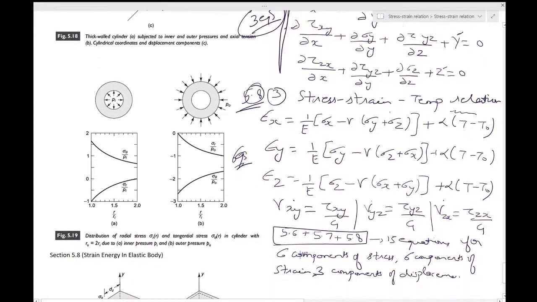So there are a total of 15 equations in 5.6, 5.7 and 5.8. And they will help us solve for 6 components of stress, 6 components of strain, and 3 components of displacement. So these 15 equations are the foundation of what we call the theory of linear elasticity.